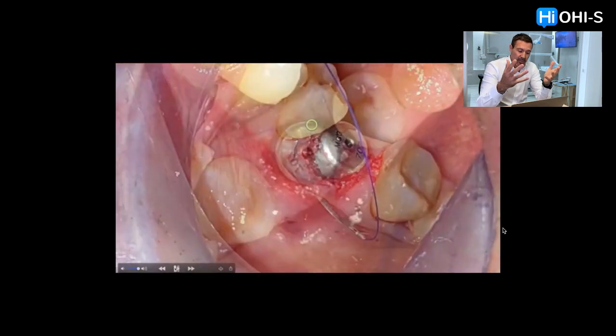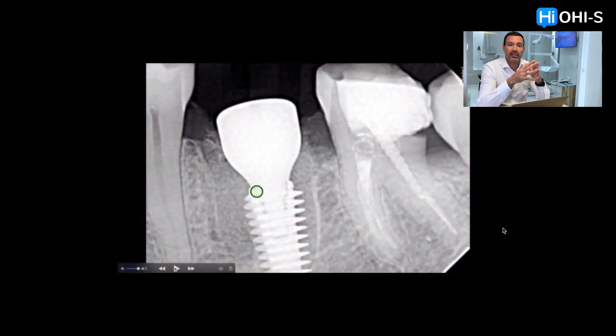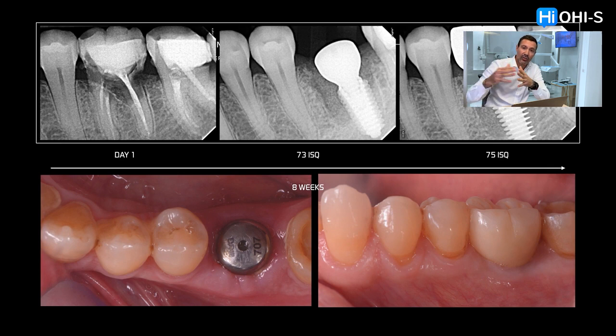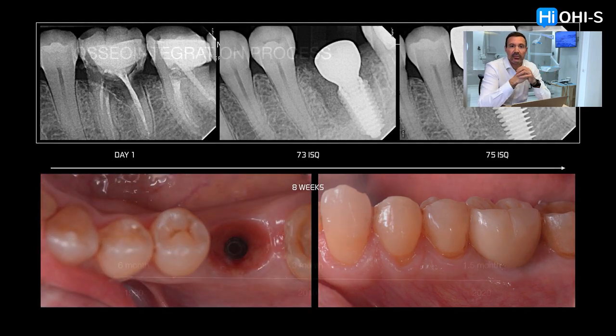With the same concept, in different stages, we can have immediate loading that takes part of the early loading or the delayed loading as well. What's the real difference between both immediate loading treatments?